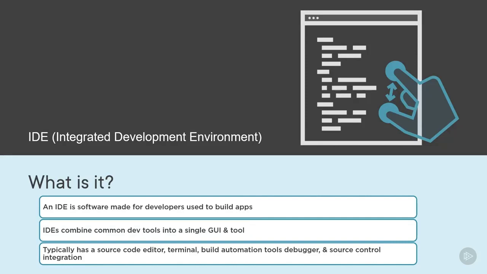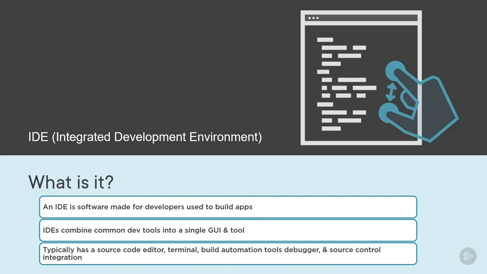Now, typically IDEs will have a source code editor, they'll have a terminal, and so in the context of Python, we have a terminal available for Python, and some of the Python IDEs will even have IPython terminals. They also have tools for building automation, tools for debugging, and tools for connecting to source control systems.